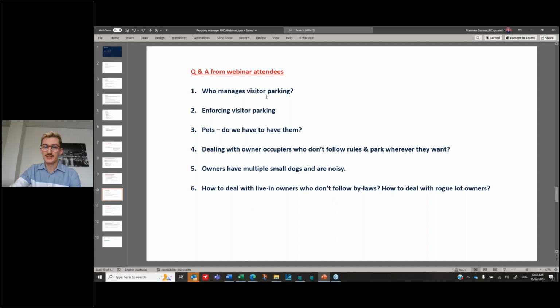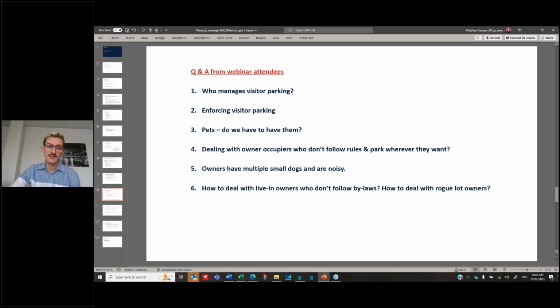If it's a body corporate complex with an on-site caretaker or an on-site manager or a building manager, that responsibility is usually delegated to the caretaker or the building manager in their contract. There'll be something in most caretaking contracts that says monitor bylaw compliance and bring non-compliance to the person's attention.